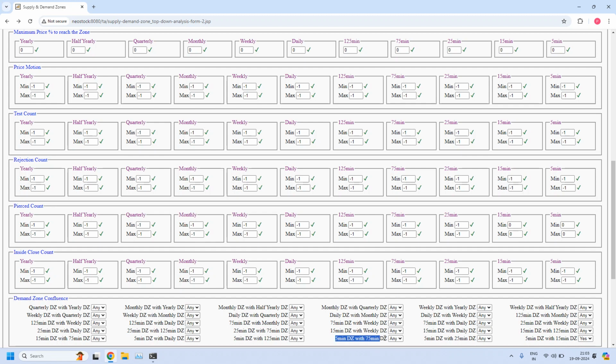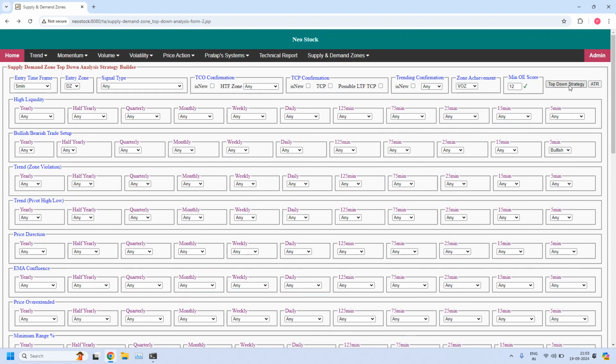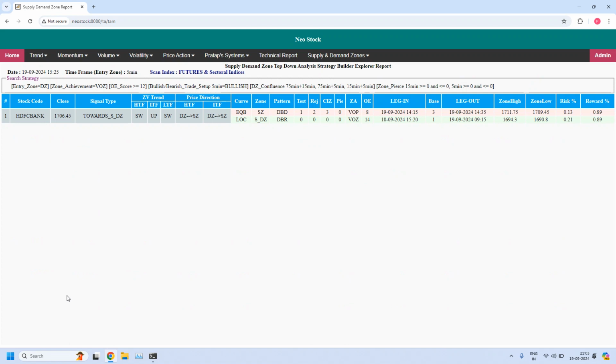Now I am enabling 5 minutes demand zone with 75 minutes demand zone confluence. Also enabling 15 minutes demand zone with 75 minutes demand zone confluence. That means 5 minutes demand zone is part of the 15 minutes demand zone, and 5 minutes and 15 minutes together part of the 75 minutes demand zone. That is what LTF, ITF, HTF confluence. Only 1 stock is filtered.